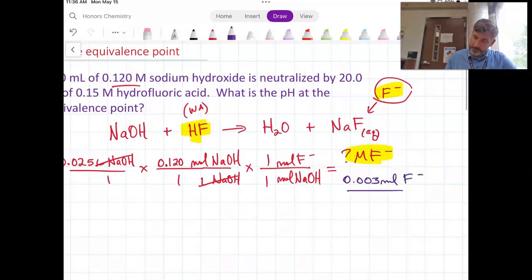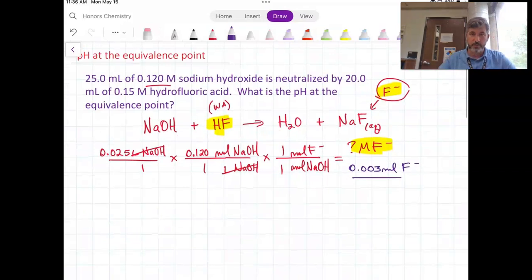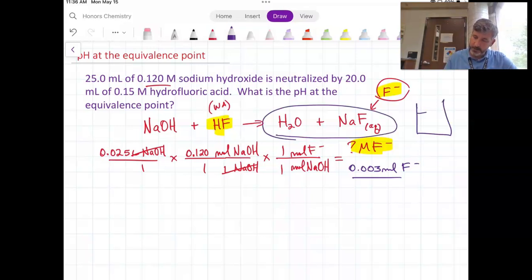And then the next step is going to be to divide that by the volume of the F minus. Now keep in mind that the volume of my products would be the sum of my two reactants, because I'm putting together 25 milliliters of sodium hydroxide with 20 milliliters of hydrofluoric acid.